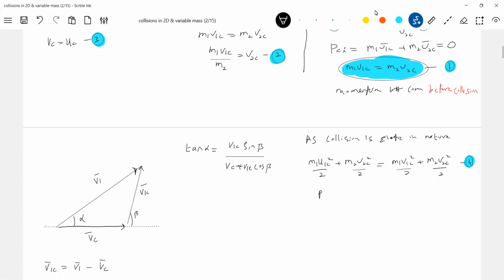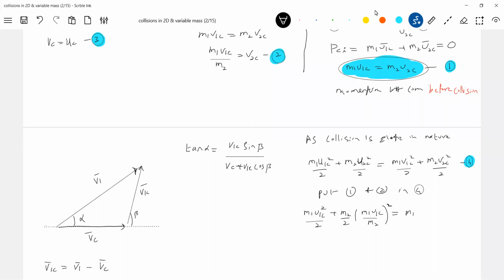So put 1, 2 in 4. M1, M2. U2C I can write as M1 U1C by M2 whole square. Try to see equation 1, I'm keeping here at this place.